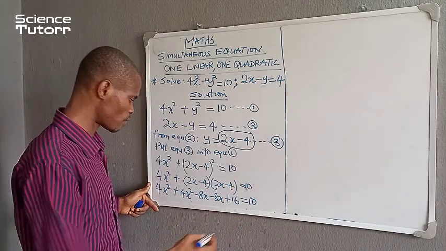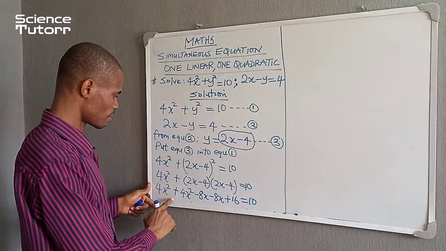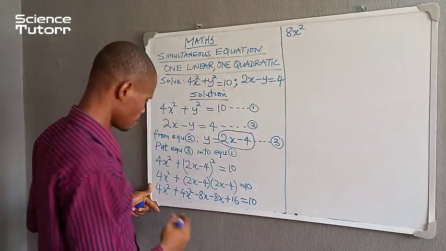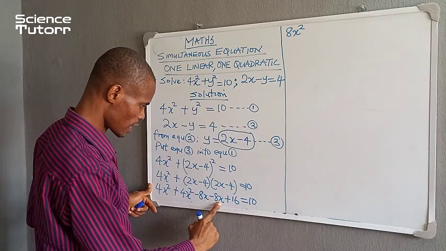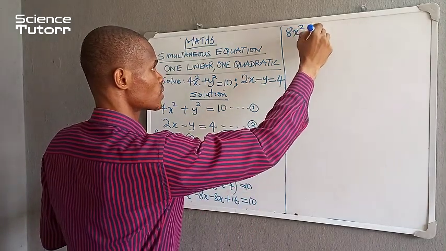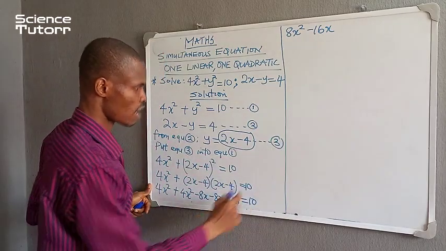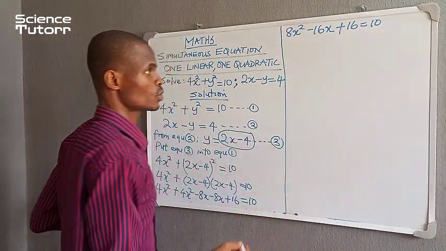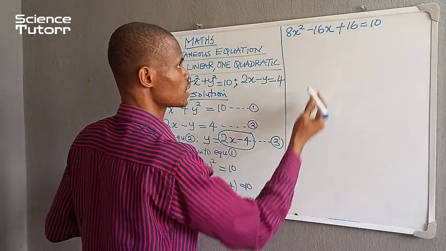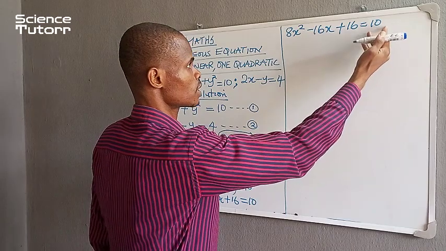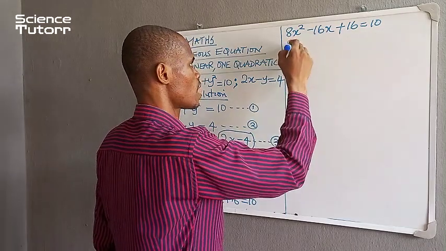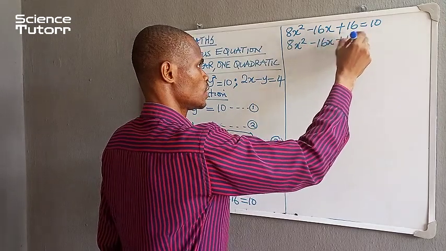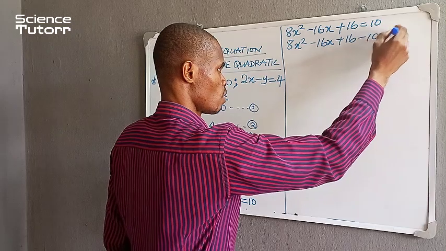So, simplifying further, we have 4x squared plus 4x squared. That gives us 8x squared. Minus 8x minus 8x gives us minus 16x. And then we have plus 16 equals 10. So what do we do next? Let's bring the constant 10 to this other side. So we have 8x squared minus 16x plus 16 minus 10 equals 0.